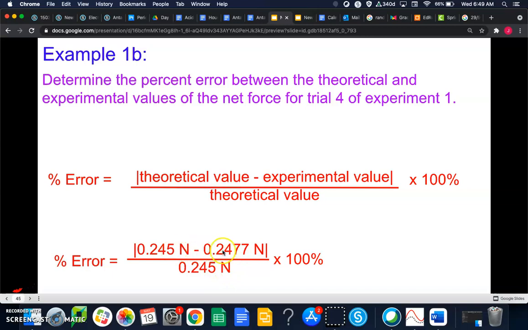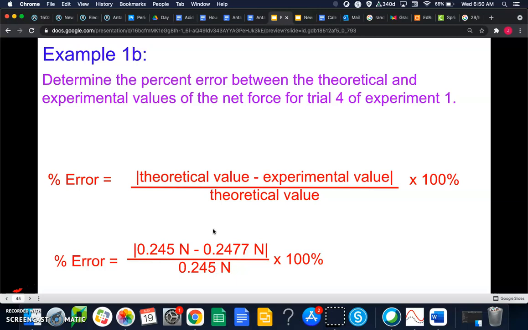Now, on top, this is going to give you a negative number. These bars mean that we're taking the absolute value of whatever our number is. So, for example, if you took the absolute value of -2, that would be +2. If you took the absolute value of +2, that would also be +2.